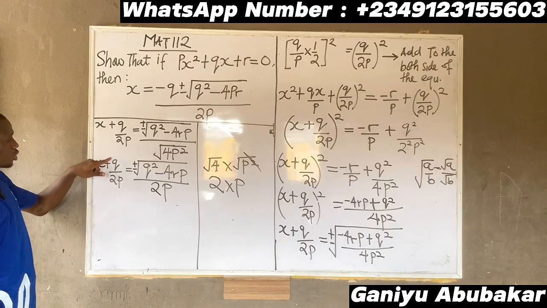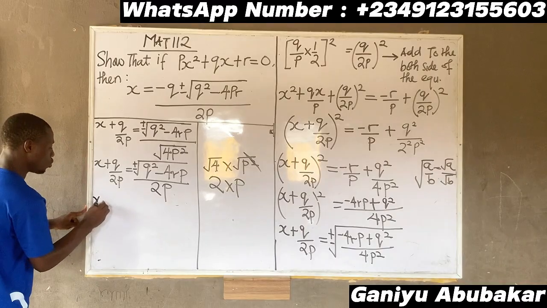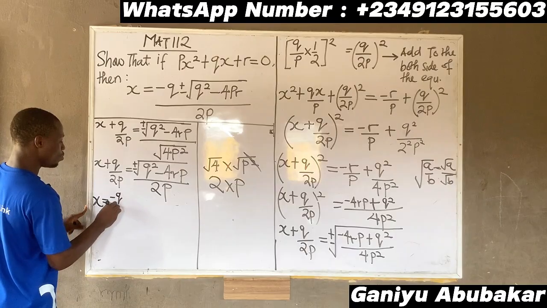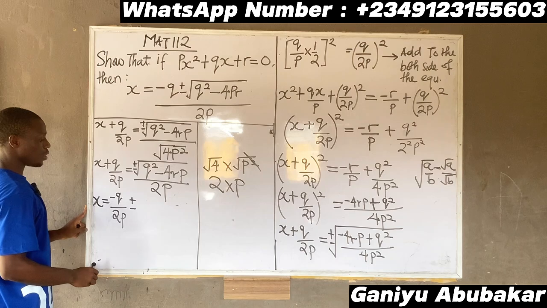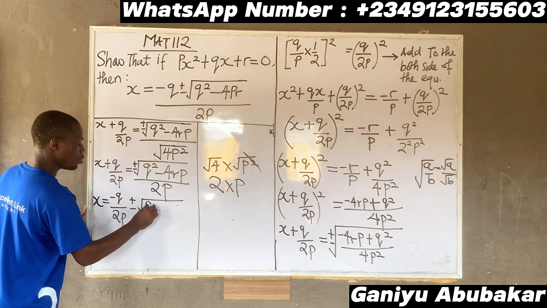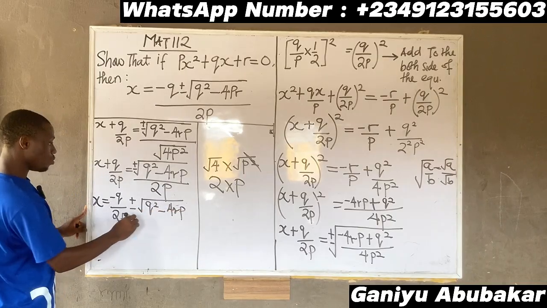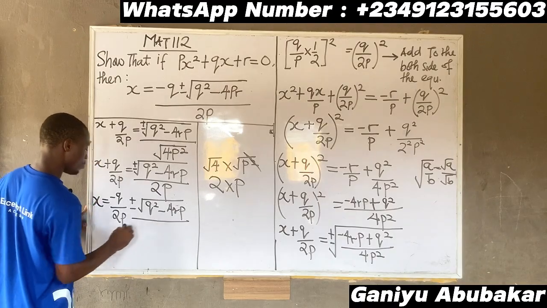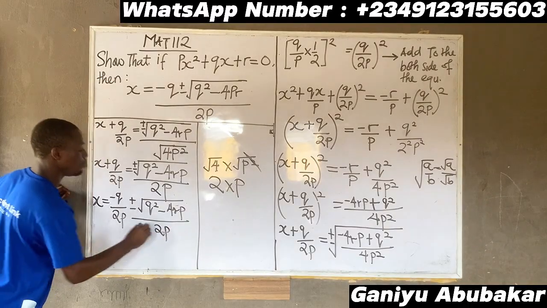So what's the next task? This q over 2p will come to that side. So I have x equal to minus q over 2p plus or minus root q squared minus 4rp, all over 2p.